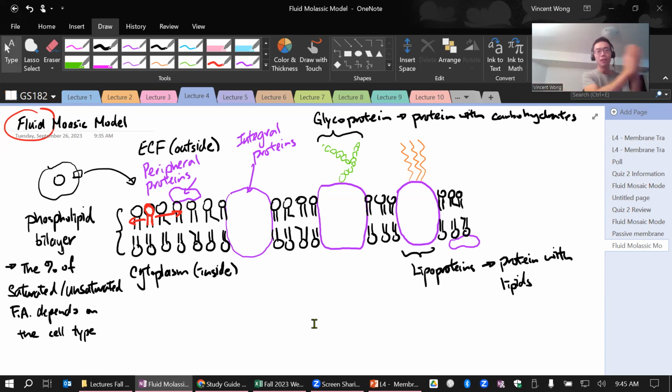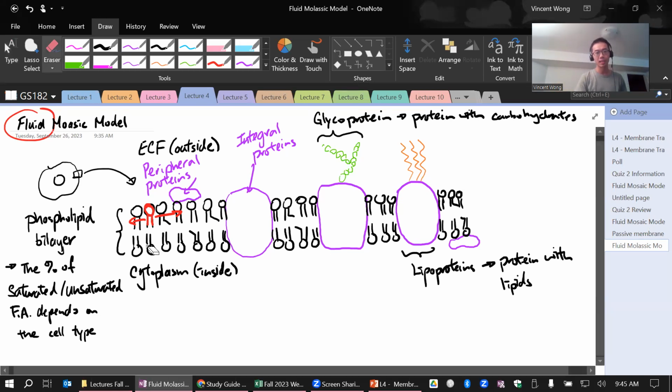It's able to move laterally, and sometimes, very rarely, they would be able to flip to the other side. Okay, so lateral movement is common. Flipping is rare. Okay, I'll write some down.